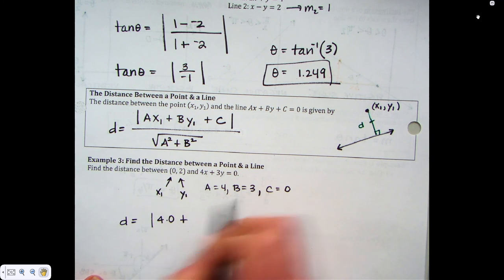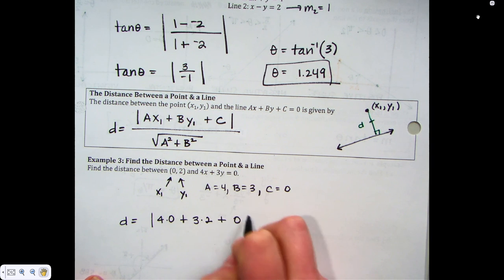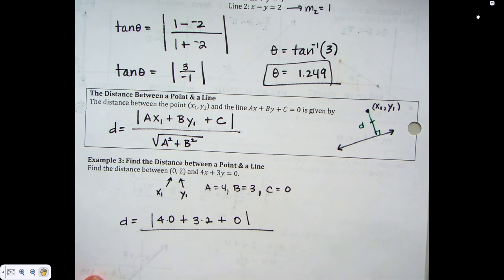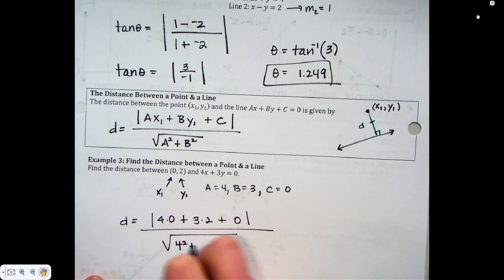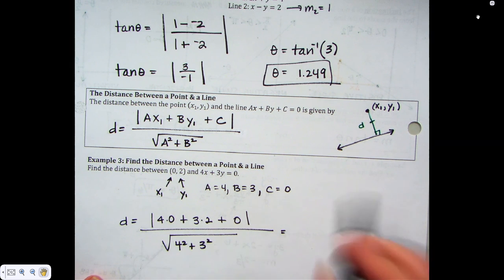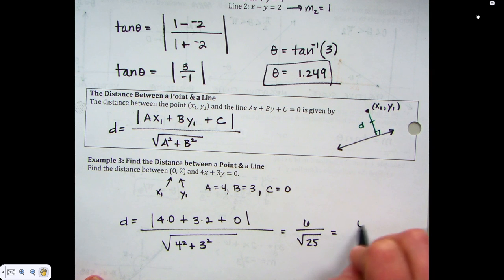I'm going to add b times y1. And then I'll add c, which was 0. All divided by the square root of, 4 squared plus 3 squared. I'm going to get 0 and 6, so that's going to be 6 over square root of, what do we have, 16 and 9, so 25, or 6/5.